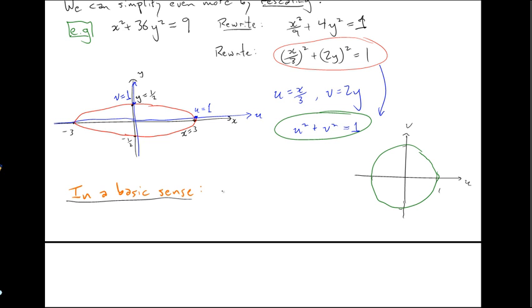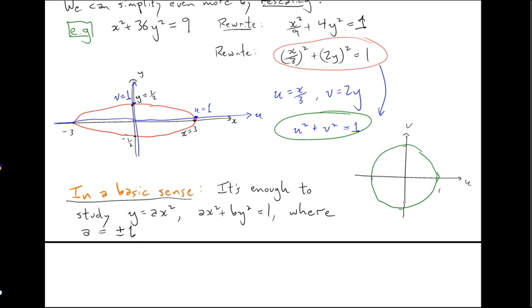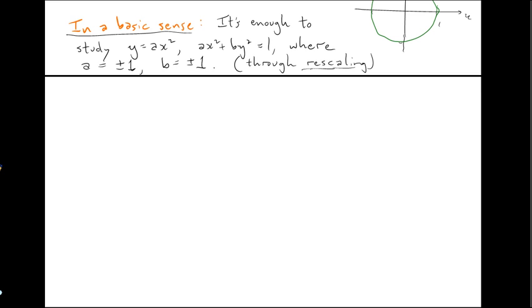So in a basic sense, it's enough to study these curves, ellipses, parabolas, hyperbolas, in these standard forms where a and b are either plus or minus 1. And then we can get all the other shapes by rescaling, translating, rotating. So here are the possible cases, where a and b are plus or minus 1.